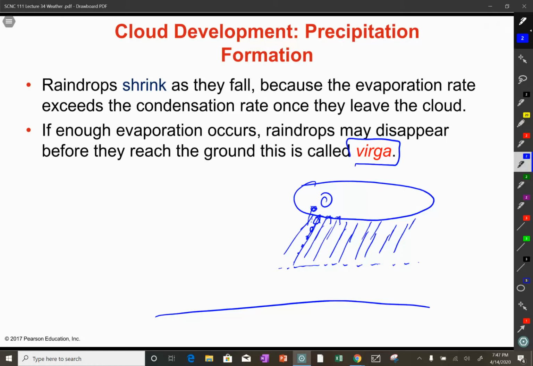You just have the humidity was increased by this. And so this is called virga, when you have a cloud that is dropping water droplets, but those water droplets disappear before they reach the ground. And it's because of the evaporation of those water droplets once they leave the cloud.